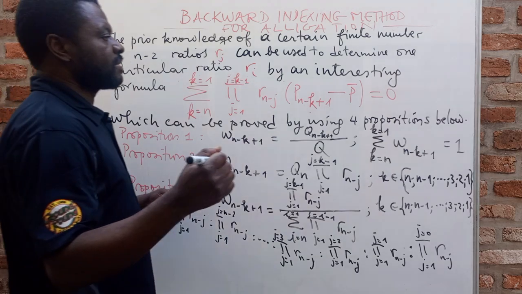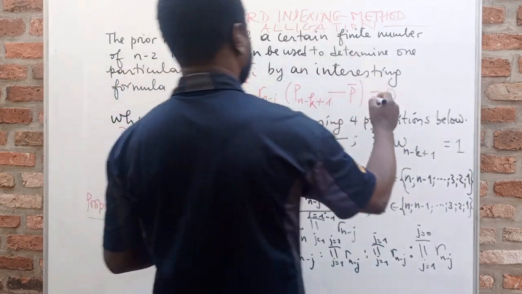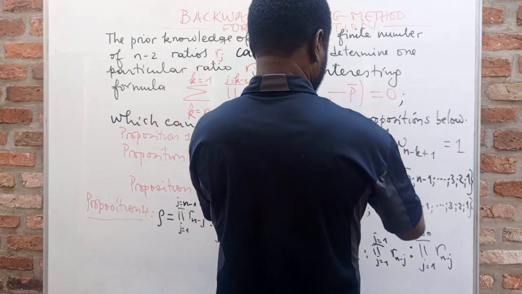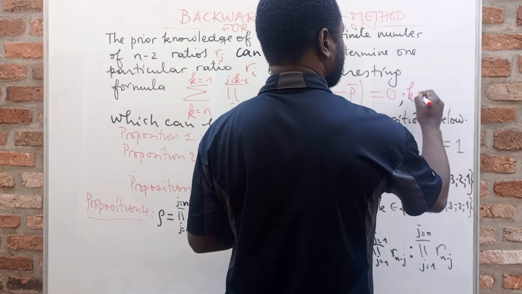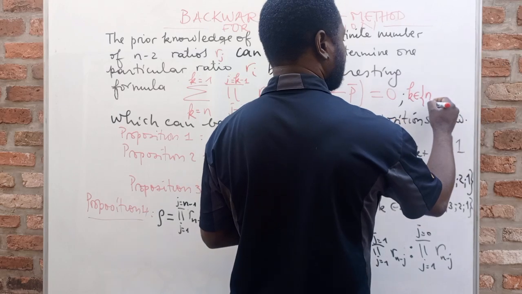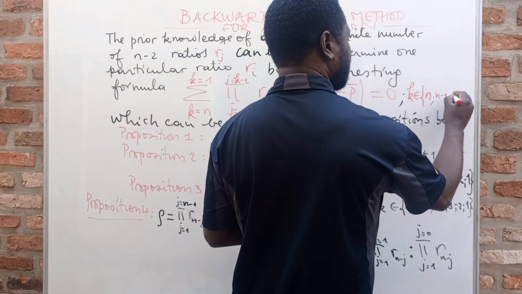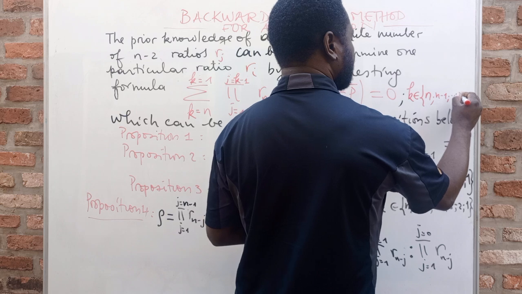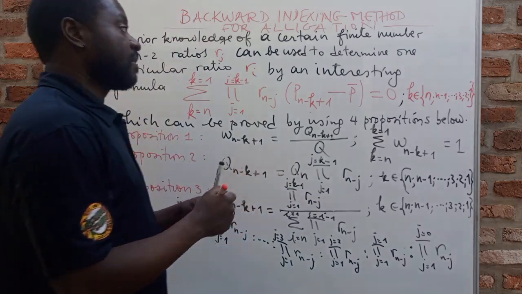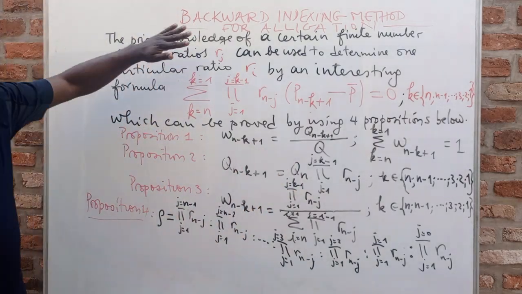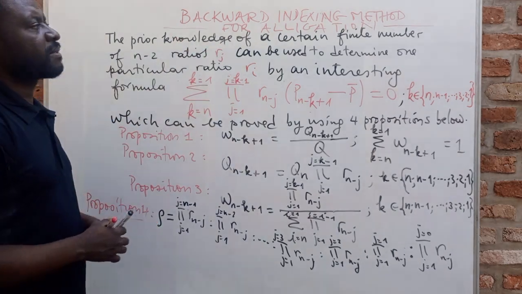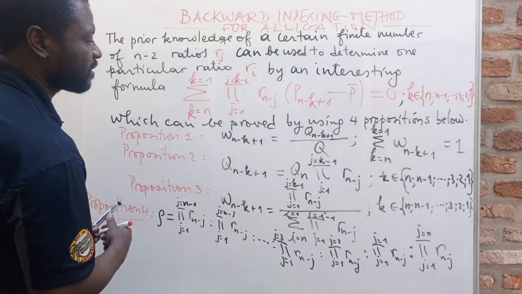In this method, the index here, like k for example, extends from the last index n, the biggest index, n minus 1, and so on, until 3, 2, then 1. That is why this method is termed as the backward indexing method for alligation.